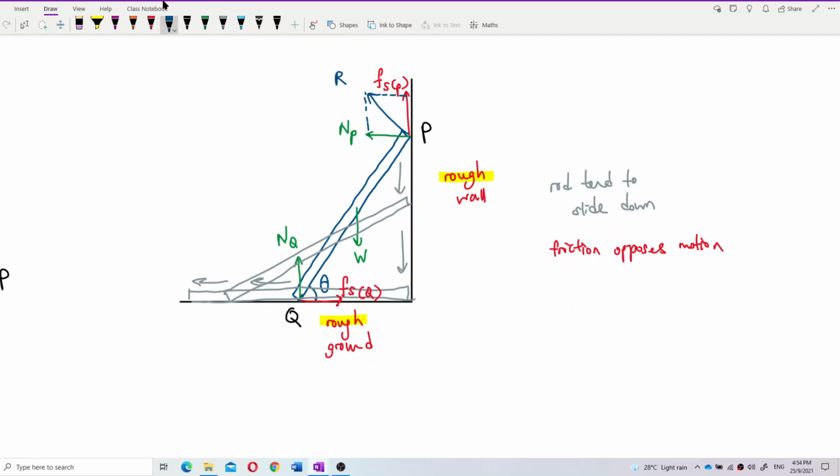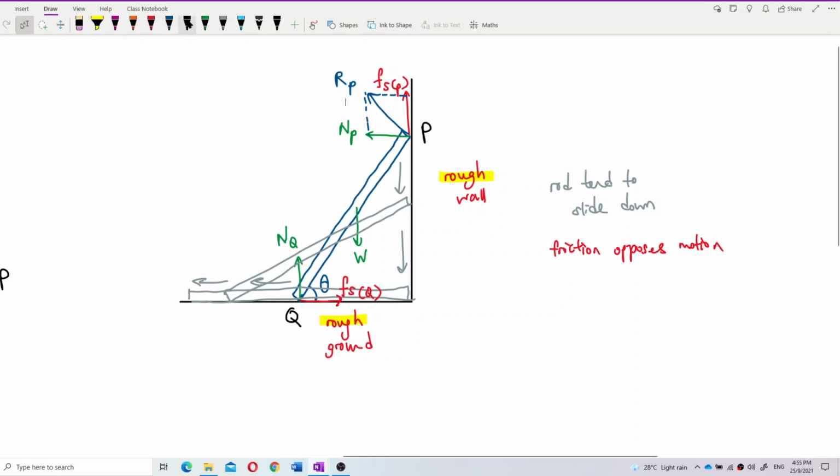This is the reaction force at P. You understand? That means this normal force becomes the X component, and this friction becomes the Y component. The X component and Y component combined become the reaction force at point P.